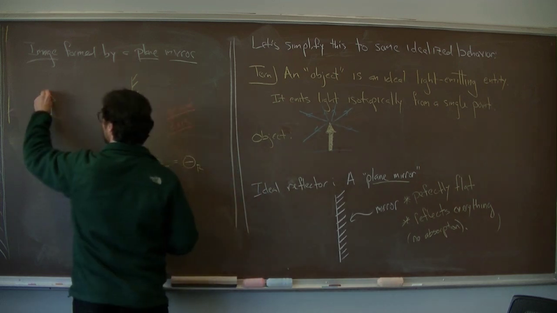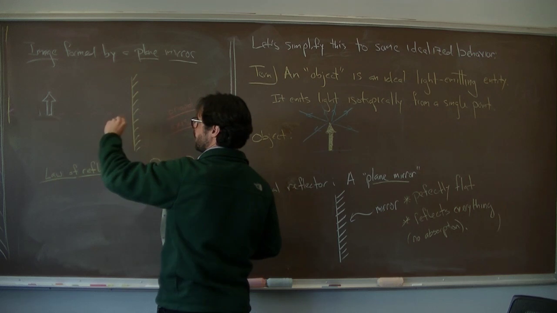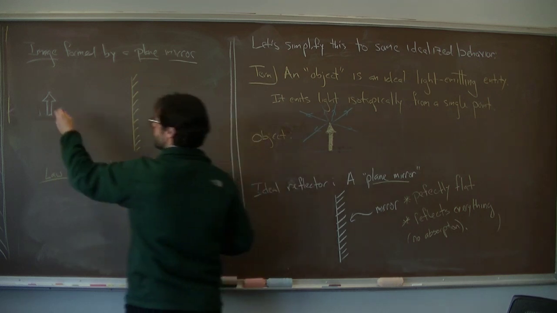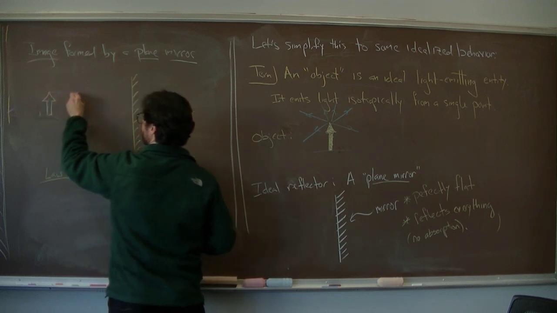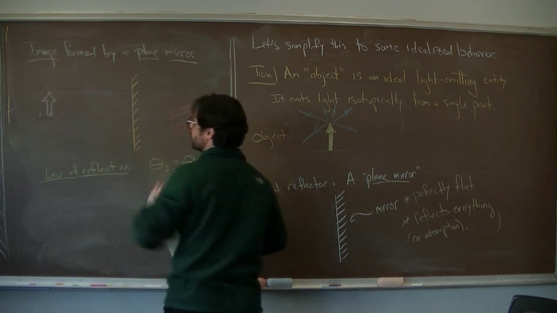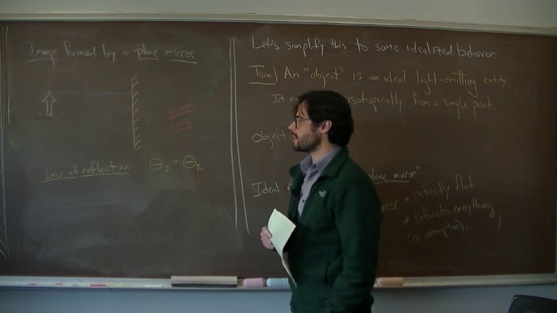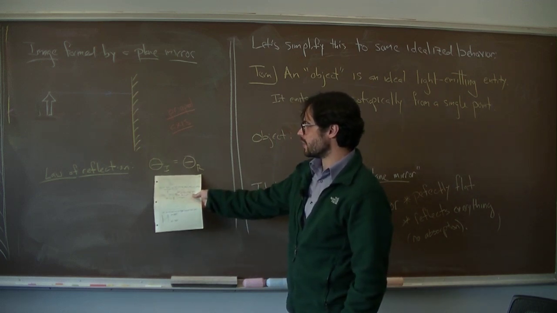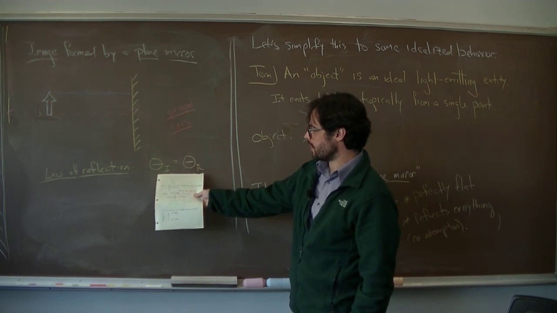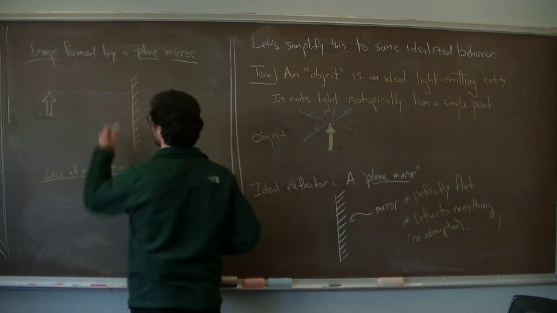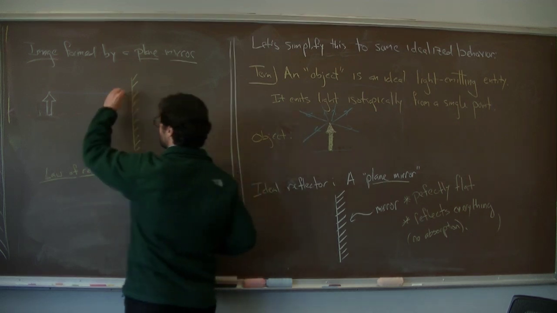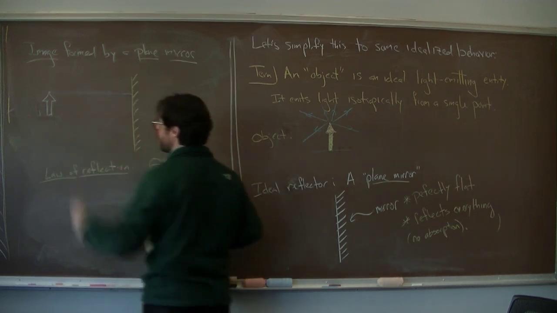And the first thing I can do is draw a ray in any direction I'd like. So maybe I could just do this. I could draw a ray that's parallel to the principal axis. This would be along the normal itself. So if we were to measure this with respect to the normal, it comes in 0 degrees from the normal, so it leaves 0 degrees from the normal, and it goes back from whence it came.